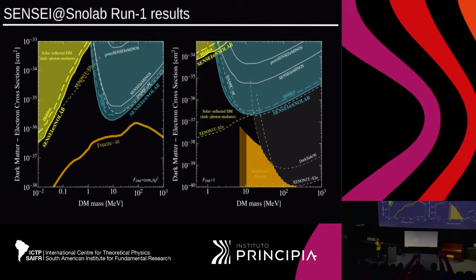And just for completeness, here it's the form factor. What this means is essentially the mass of the mediator. So in this situation, the dark matter candidate can interact with electrons, and the mediator is light. That's the only two assumptions that we are making.